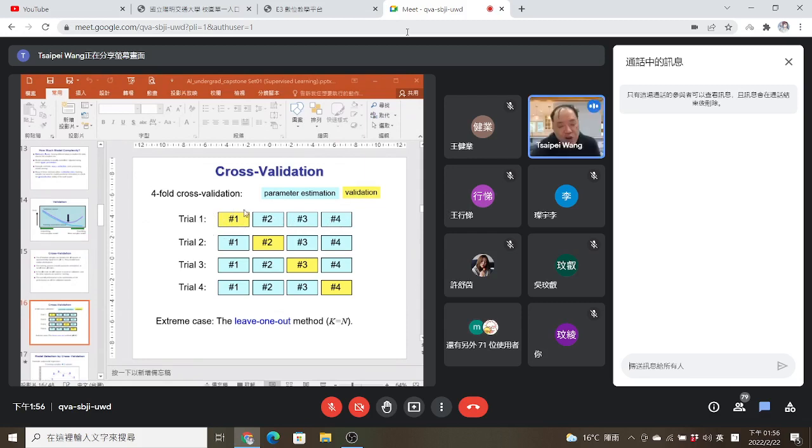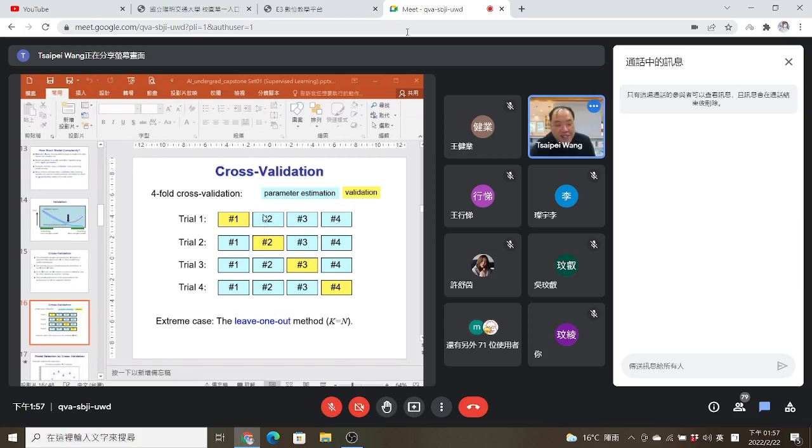In each trial, choose one part as the validation subset, the yellow one, and the others we call the estimation subset, which is actually used in training the parameters or coefficients of your model. You repeat the process multiple times, so you have to spend more time, and this is just for the selection of model complexity. So cross-validation is actually lots of work for the computer.